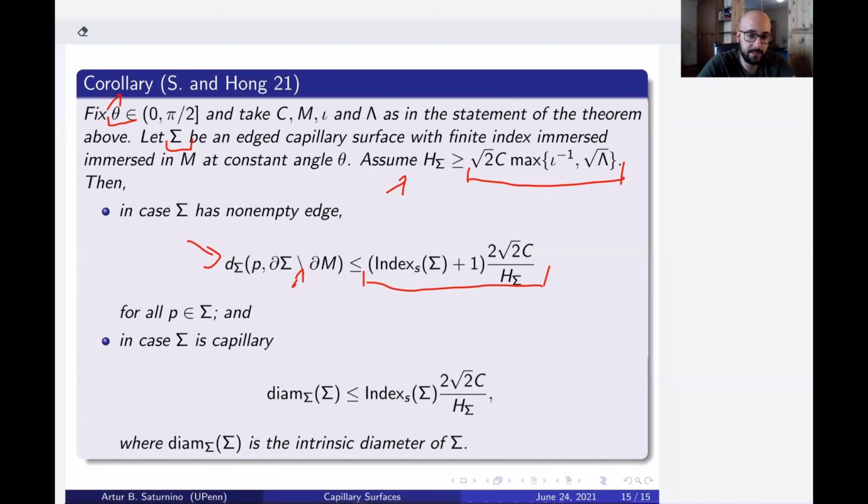And we get intrinsic diameter bounds for the surface, which again grow linearly with the index. And the idea here is really just using the inequality that we had before together with some basic geometry and partitioning the manifold in the correct way.